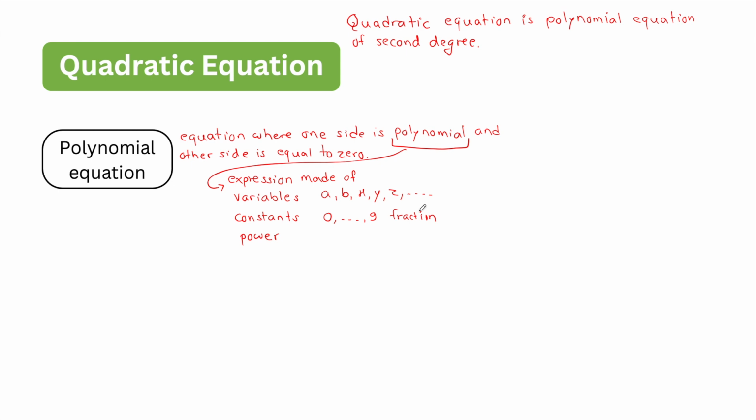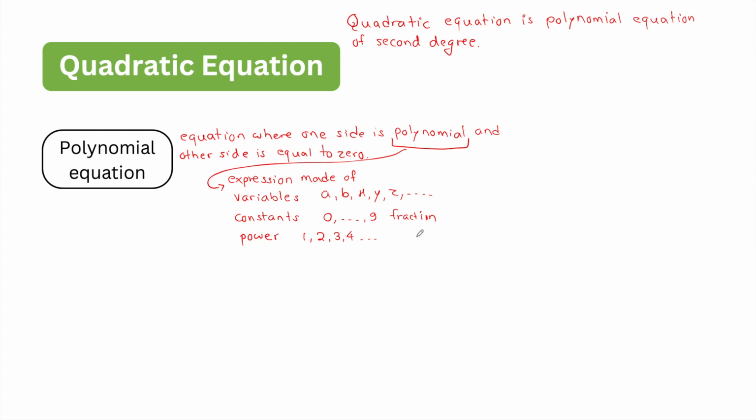Is that clear? Okay, now moving on to power. Powers can be unit power, square, cube, power 4 and so on. However, the condition for polynomial is that the power must always be positive.